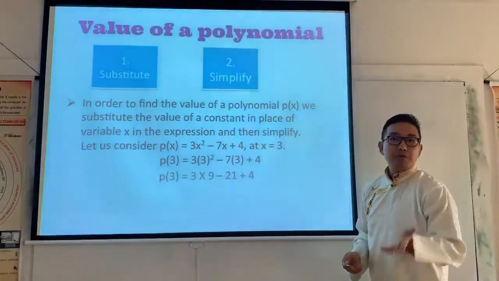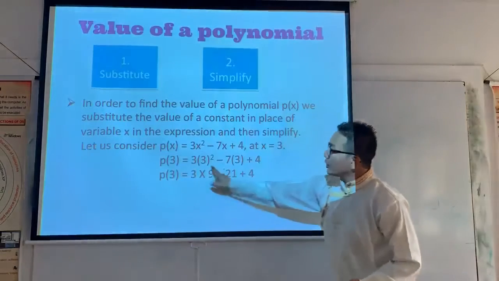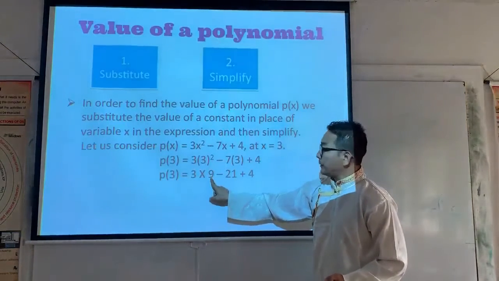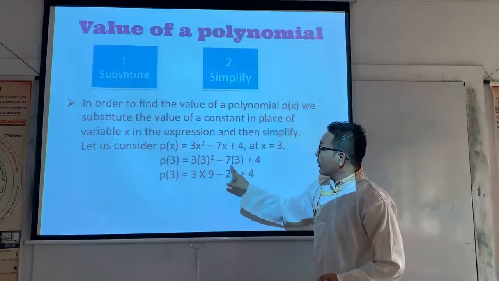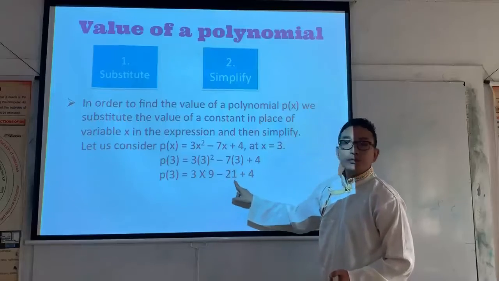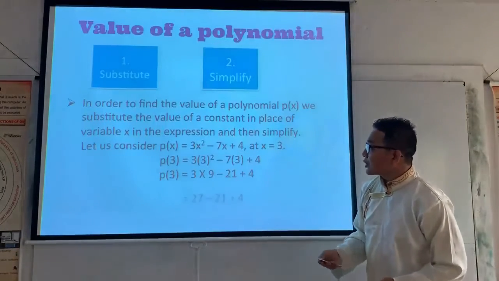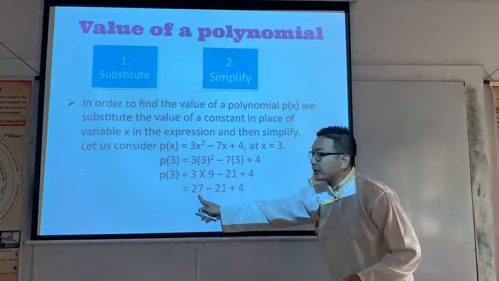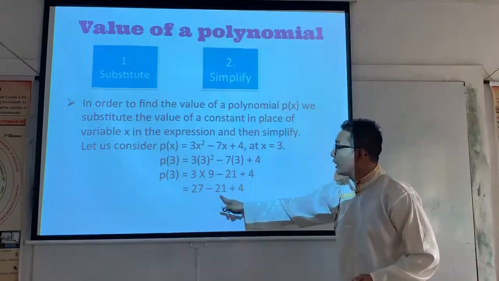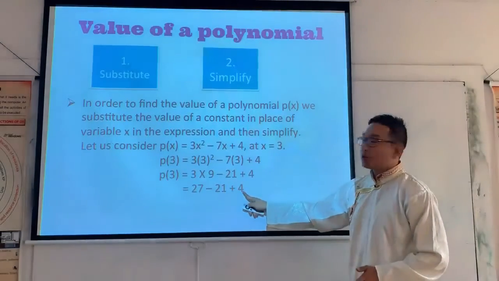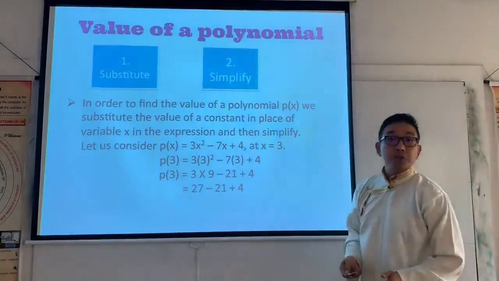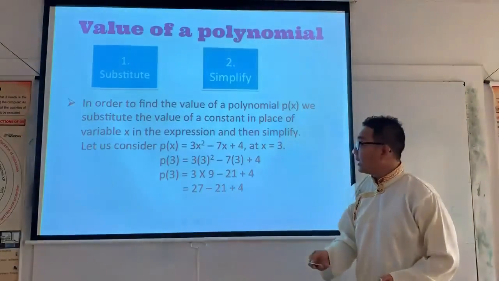Then we need to simplify. 3 squared is 9, and negative 7 times 3 is negative 21, plus 4. 9 times 3 is 27, negative 21 plus 4. So 27 minus 21 is 6, plus 4 is 10.